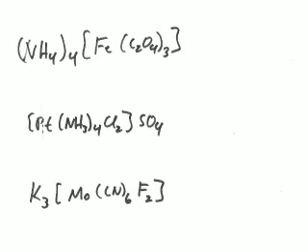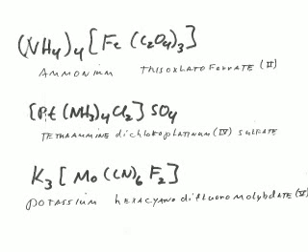So let's try a couple more. How would we go about naming these 3 complexes? Take a minute, see if you can come up with the names. So in the first one, our cation is simply ammonium. C2O4 is oxalate, so as a ligand, it becomes oxalato.